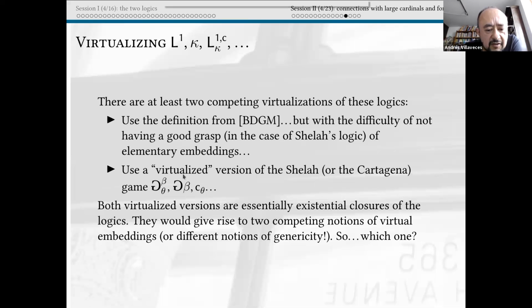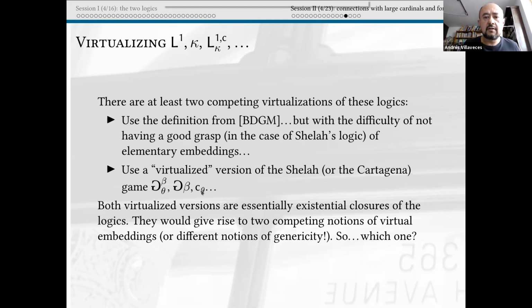And again, here I think I somehow forgot to put the upper scripts and lower scripts here. This is Cartagena game beta C and then lower script theta. Anyway, these games are exactly like in the original game, except only going in the forth direction.